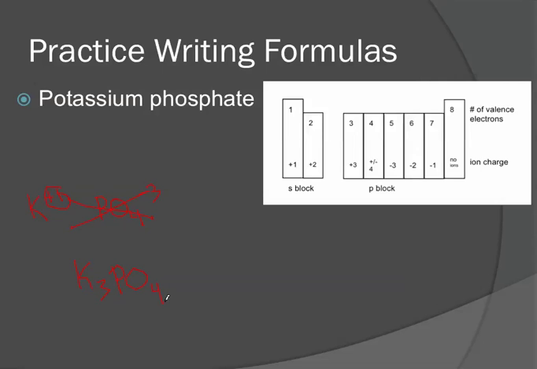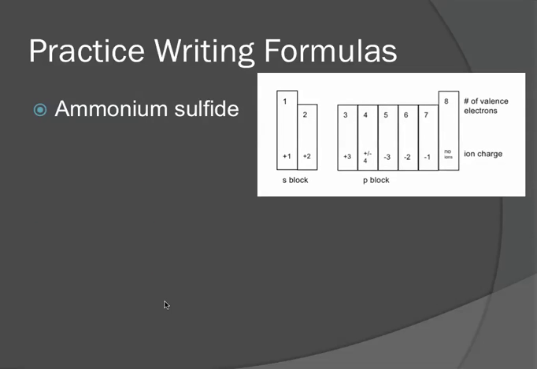Here's another example. Ammonium sulfide. So sulfide, it ends in IDE. It's an element on the periodic table. But ammonium, that is our one special polyatomic ion that goes in front. And you'll just know that name if you see ammonium. It's a polyatomic ion. So if you look at our polyatomic ion sheet, it is NH4 plus 1.